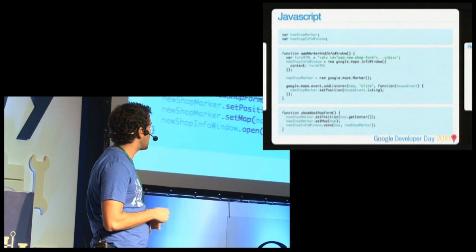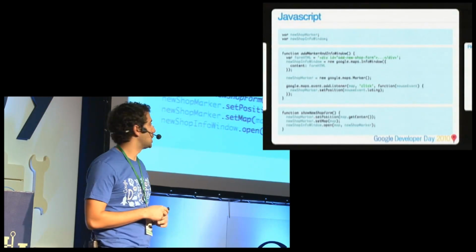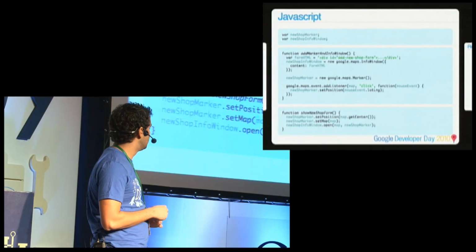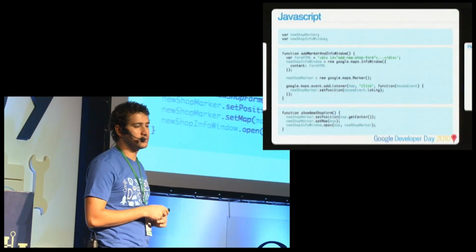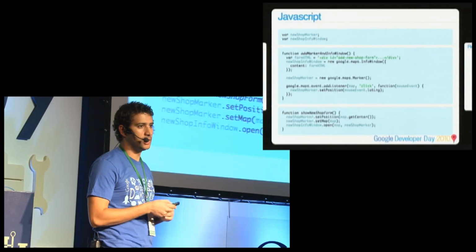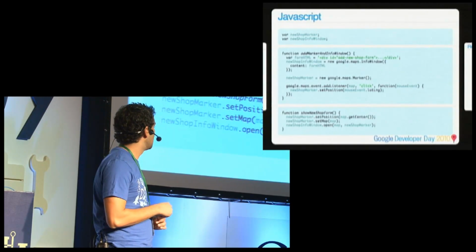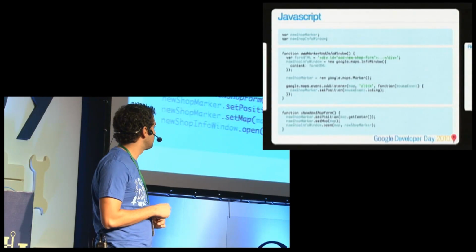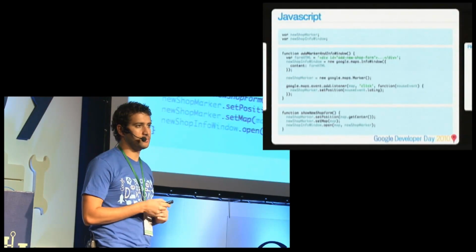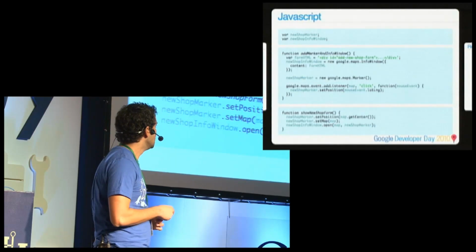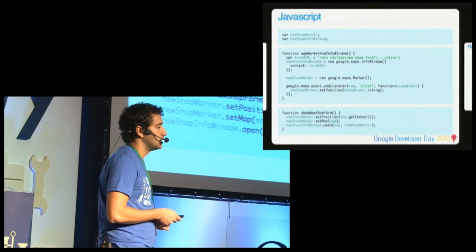And then when I click Add New Shop, I want to again move the position of the marker to the center of the map, set the marker to be on the map so it shows up, and then open an info window. You can see here I'm opening the info window on the map, and I'm giving it a marker.